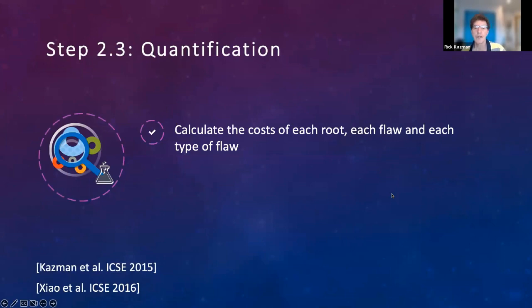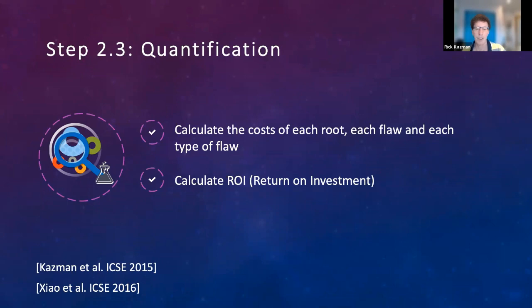We can also quantify the cost of each of these flaws and the sets of files that contain these flaws. And based on this, we can calculate the return on investment that you can expect to enjoy if you fix the flaws.